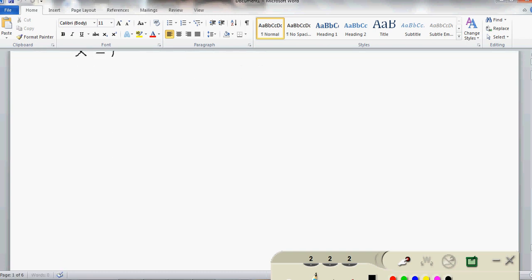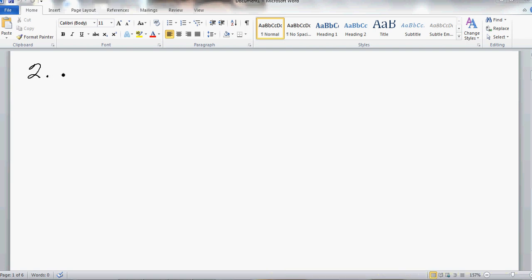Example number 2, on the other hand, gets a little bit more complicated. It's still not very difficult, but it's log base 3 of x plus log base 3 of x minus 24 equals 4.